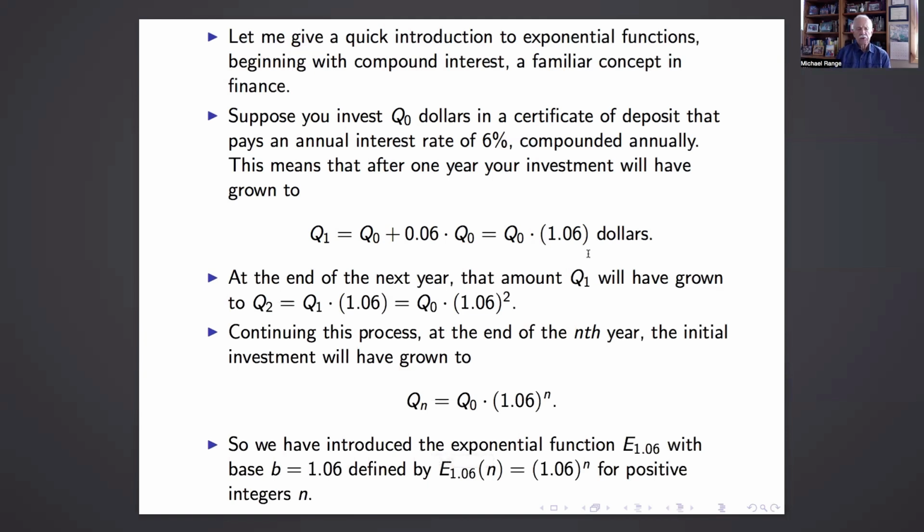So we have introduced the exponential function E sub 1.06 with the base b equals 1.06, defined by E sub 1.06 at the value n equals 1.06 to the n for positive integers n.